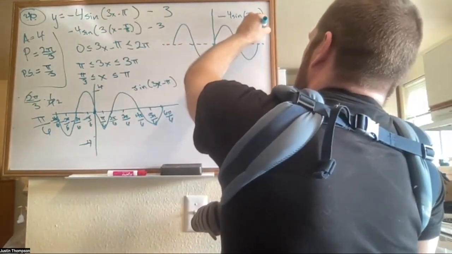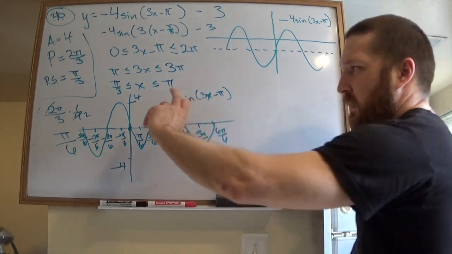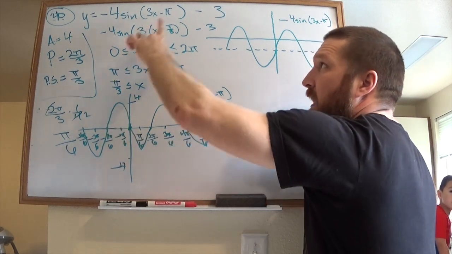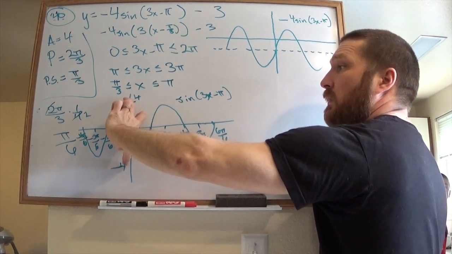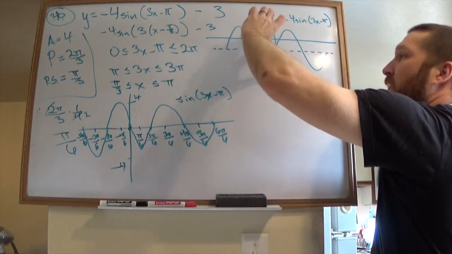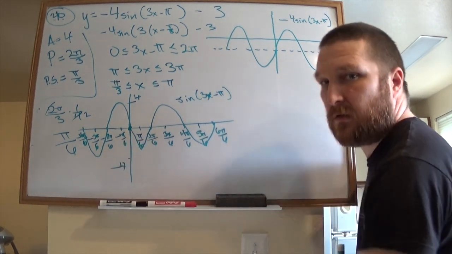So to be a bit more clear about what I was saying, I know that since the amplitude here is 4, and then we're shifting it down by a factor of 3, it's not going to shift it past the x-axis, right?